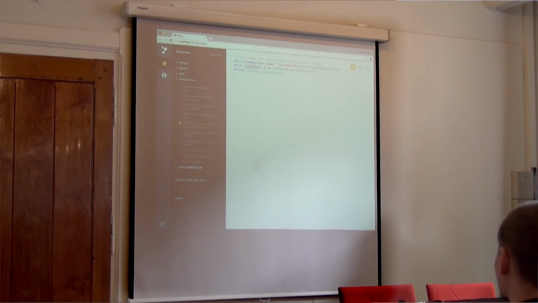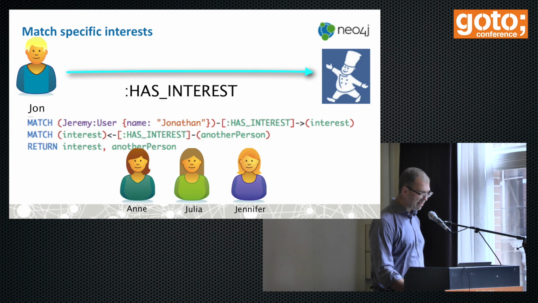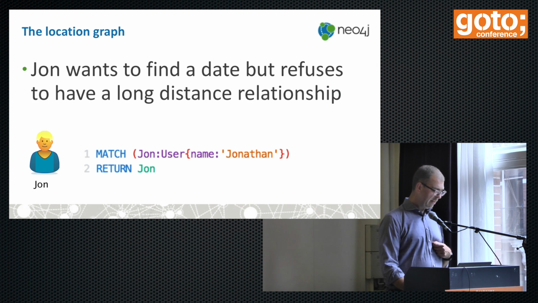So this thing and that thing are identical. If I find those people, then I'm going to have another way of recommending potential dates for these people. I'm basically doing another kind of join operation and finding other potential candidates, matching for specific interests.